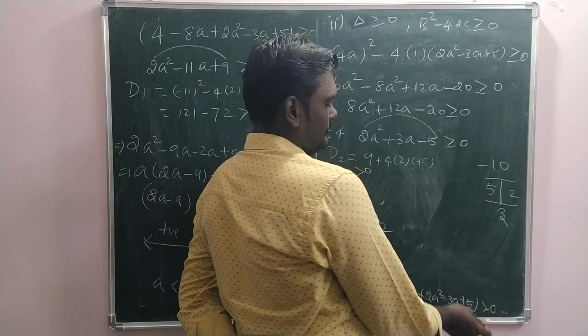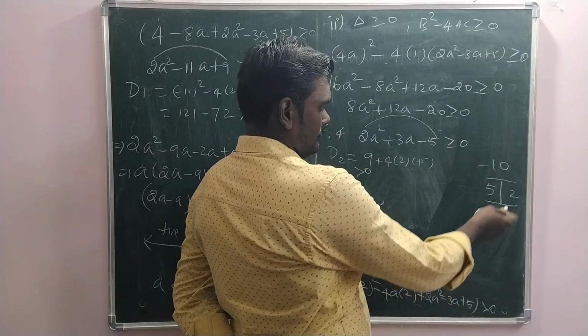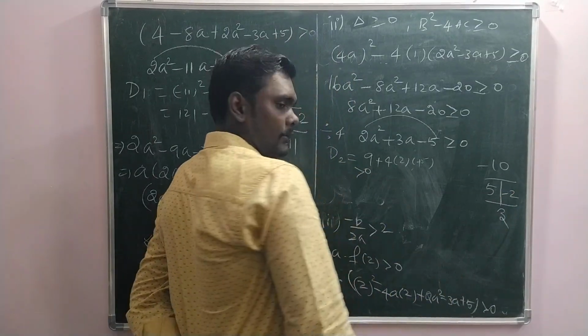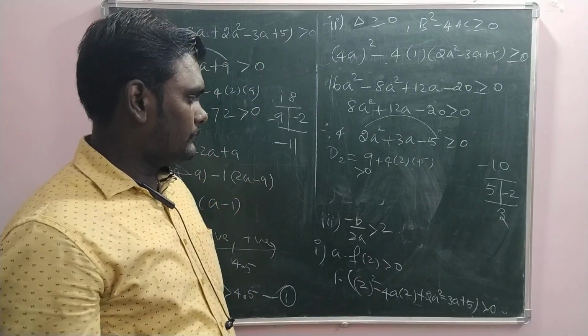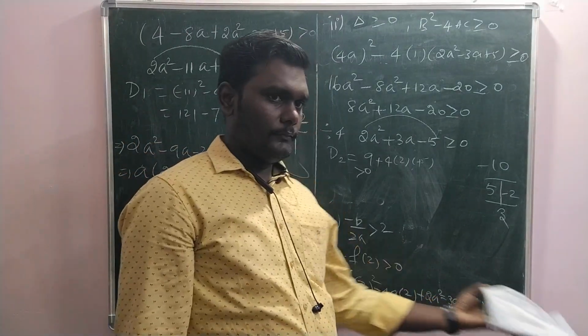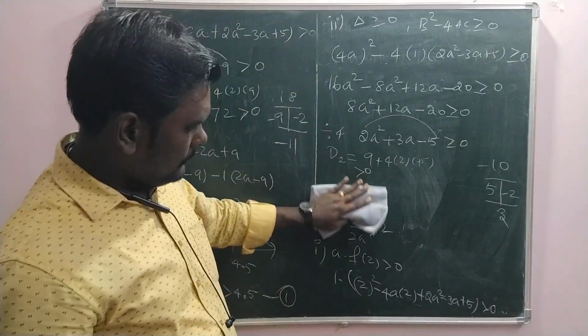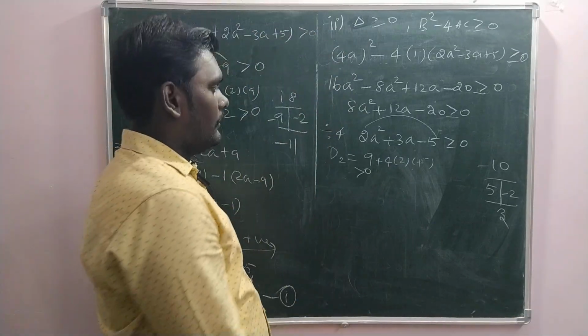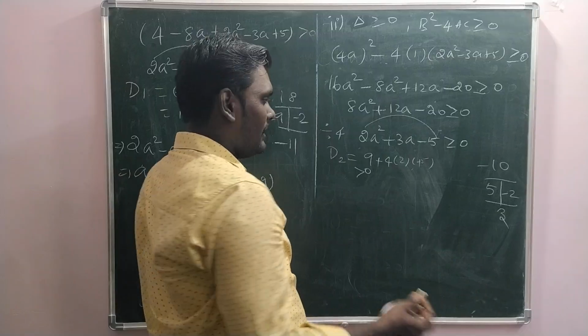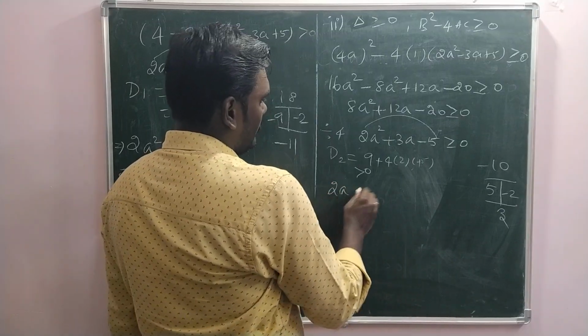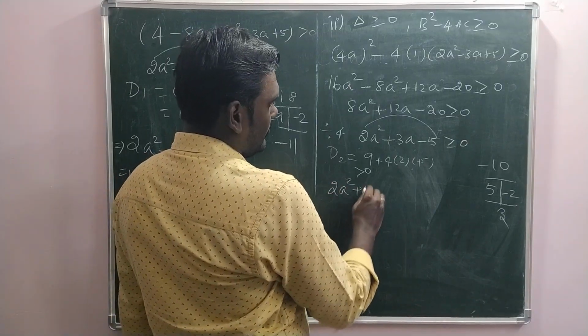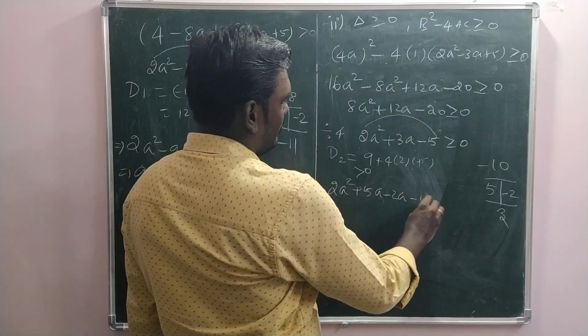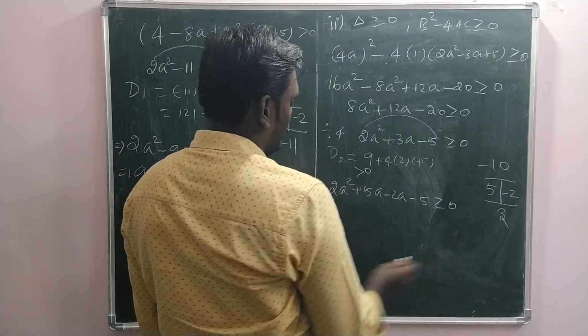Simply 5 2s are 5 into minus 2. Okay. So leading coefficient is not 1. Split the middle term better. So 2a square plus 5a minus 2a minus 5, which is greater or equal to 0.